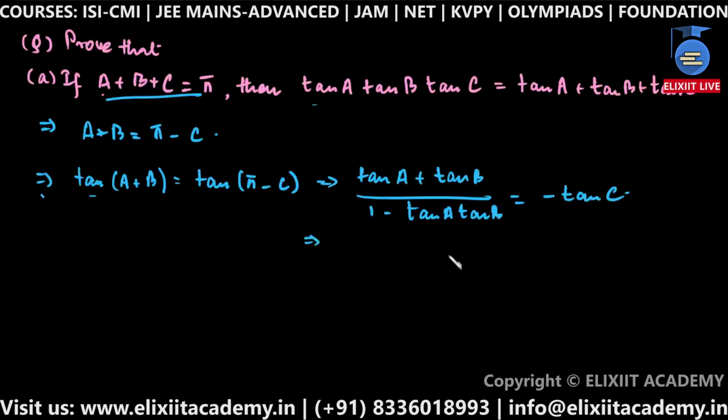That's all. Simply cross multiply. This becomes what? Tan A tan B into tan C minus tan C. Right? And simply take the tan C on the left hand side. What I'm trying to say is just simply cross multiply. So tan A plus tan B is basically tan A tan B tan C, cross multiplication, minus tan C, and simply take this tan C on the left hand side.